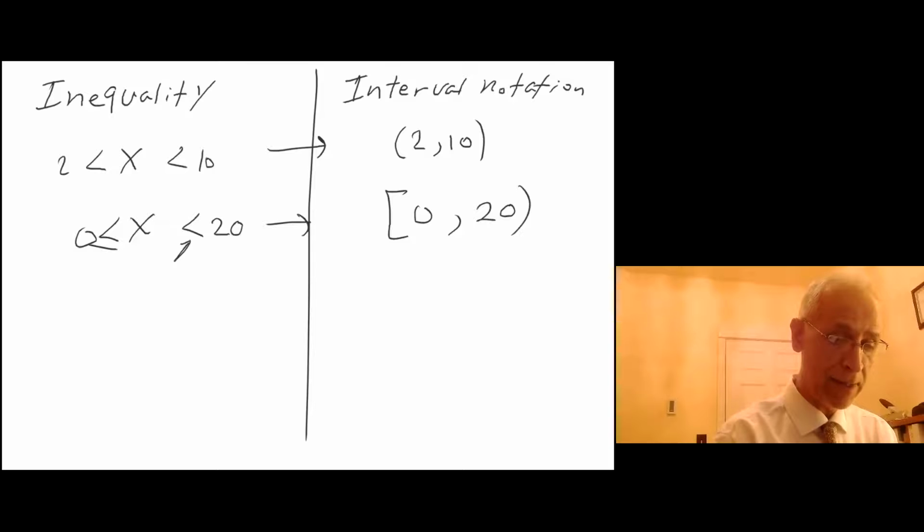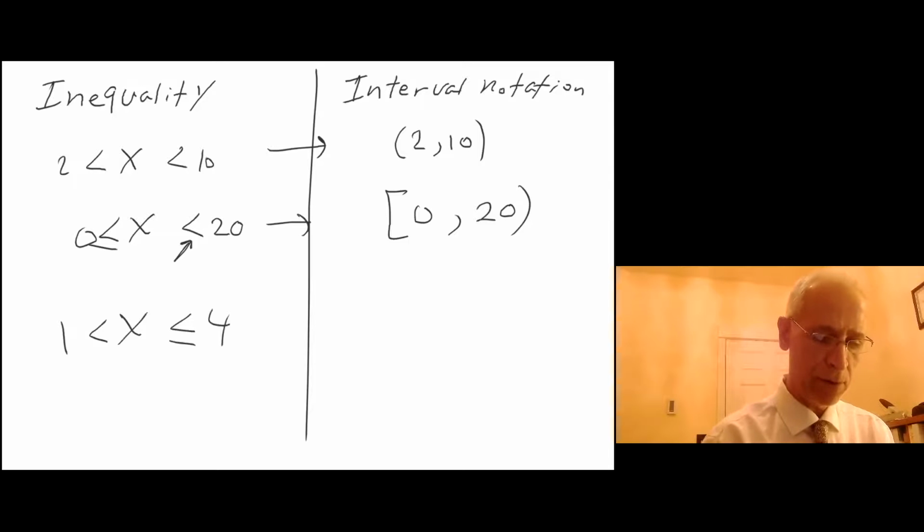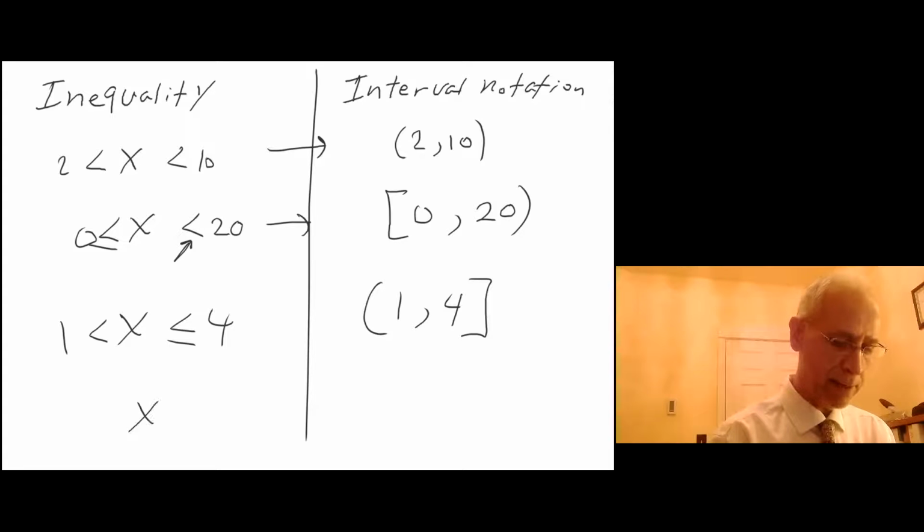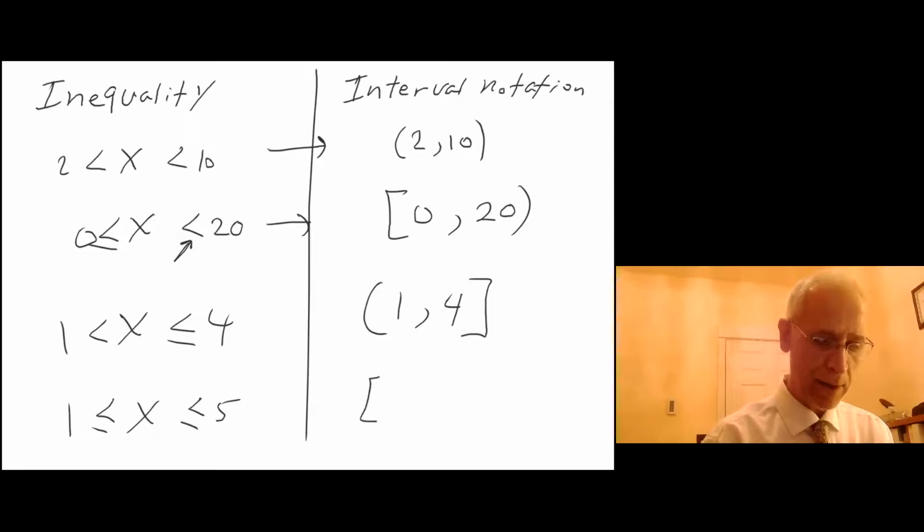I did not have the equal sign in here. If I have x greater than 1, smaller than or equal to 4, then I have 1 to 4, 4 is included. If I have x is greater than or equal to 1, smaller than or equal to 5, then I have 1 to 5.